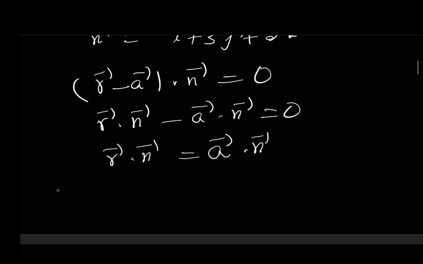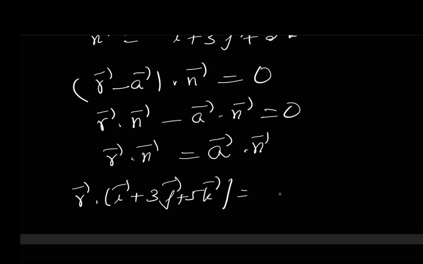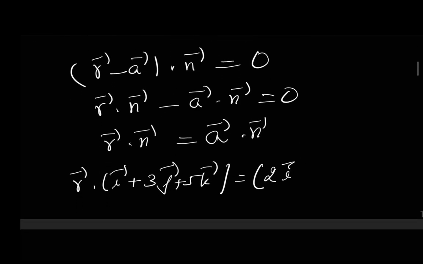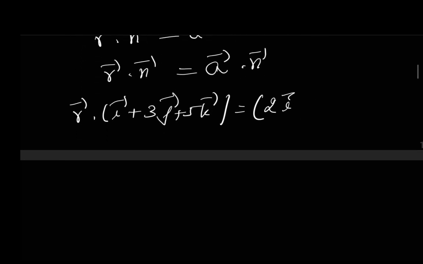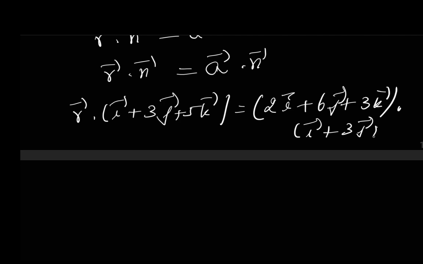So substitute: vector R dot n vector, where n is i plus 3j plus 5k, equals vector A, which is 2i plus 6j plus 3k, dot n vector i plus 3j plus 5k.